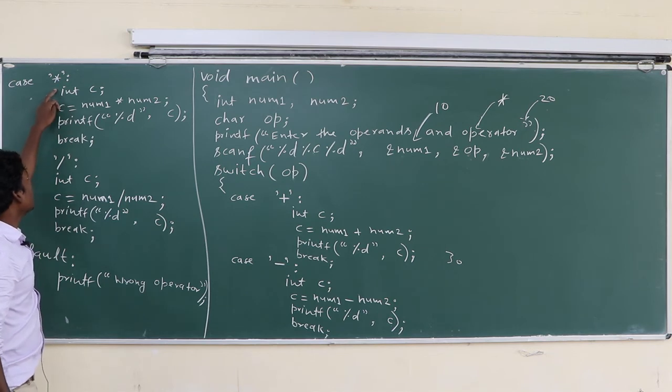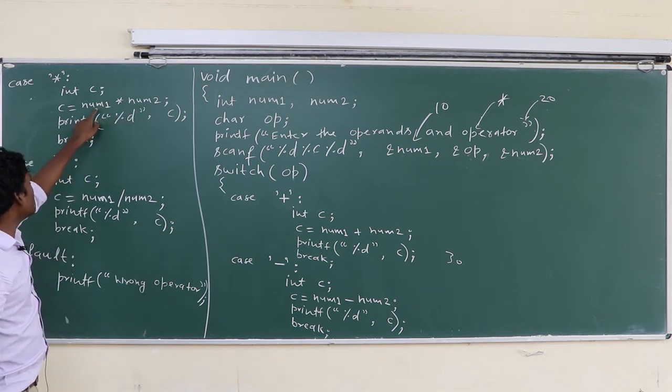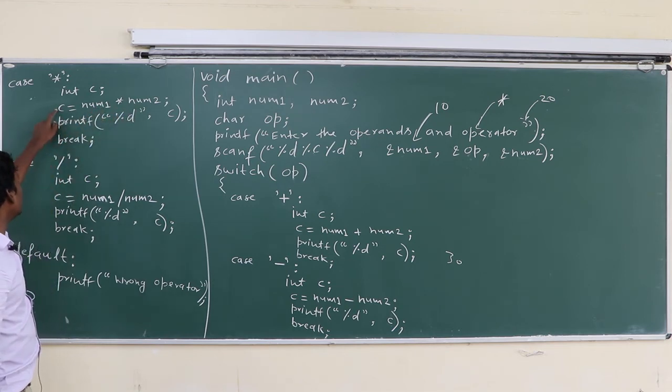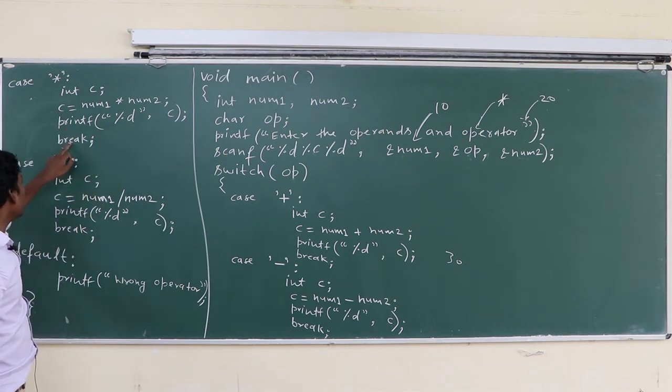So this case will be matched and this set of statements will be executed. int c equal to num1 into num2, 10 into 20, that is 200. This 200 is assigned to c, printf prints 200, and break takes the control outside the switch block.